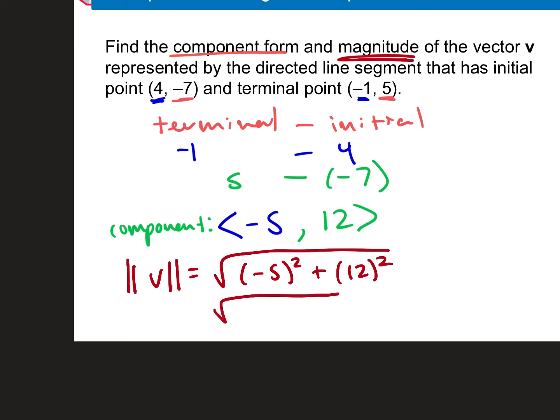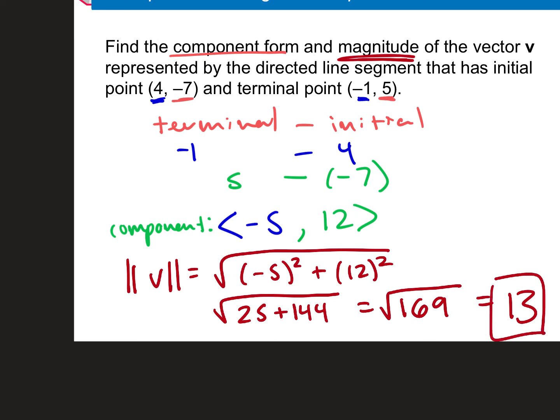So this will be 25 plus 144, which is 169. And what's the square root of 169? 13. Do you have to do plus or minus? No, because it's length, so length is always positive. So this is just saying the magnitude of v is 13.